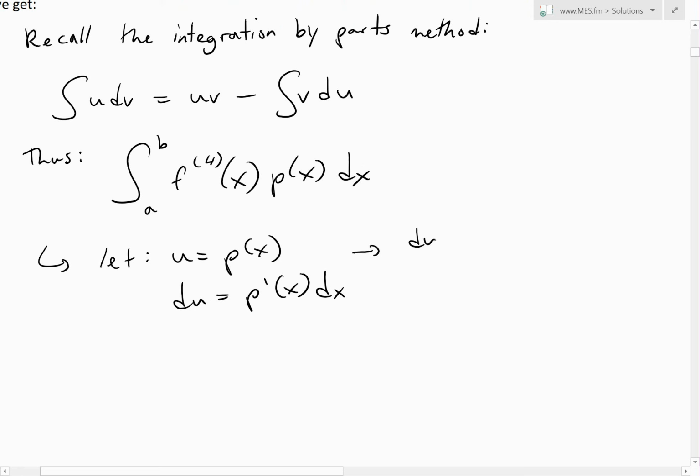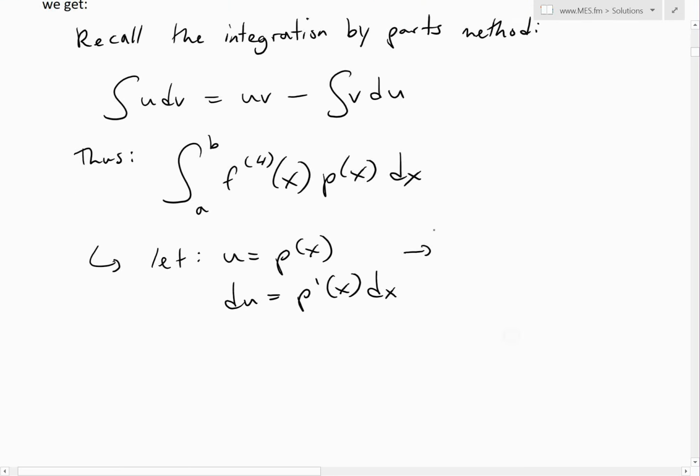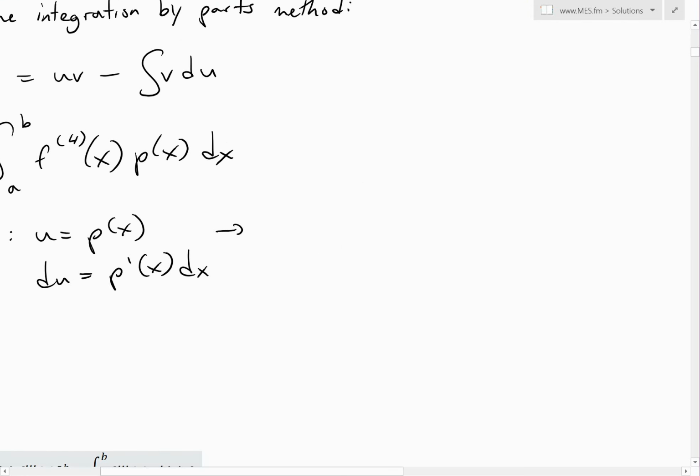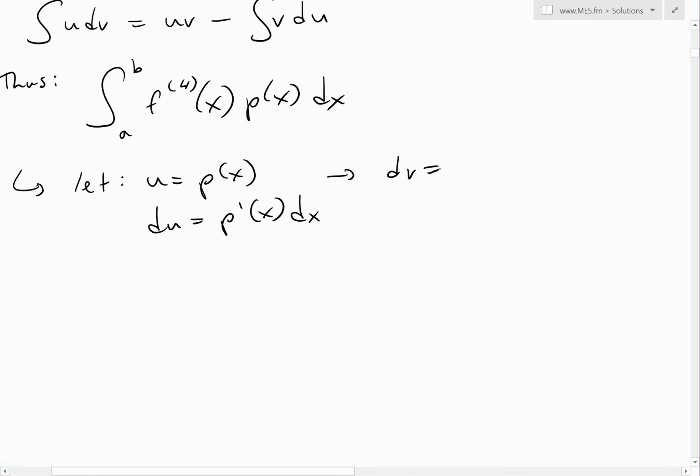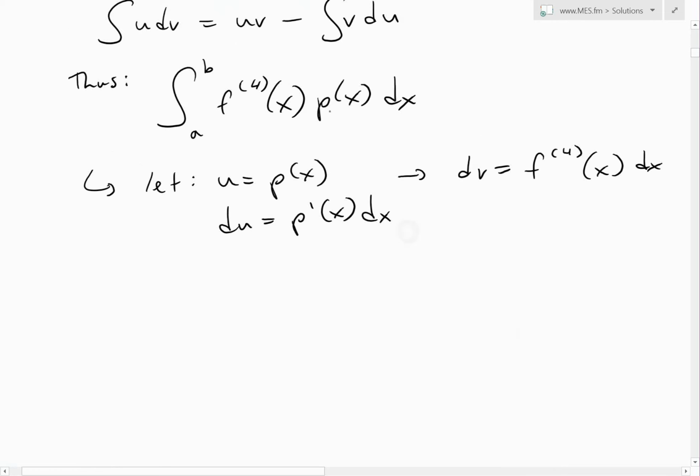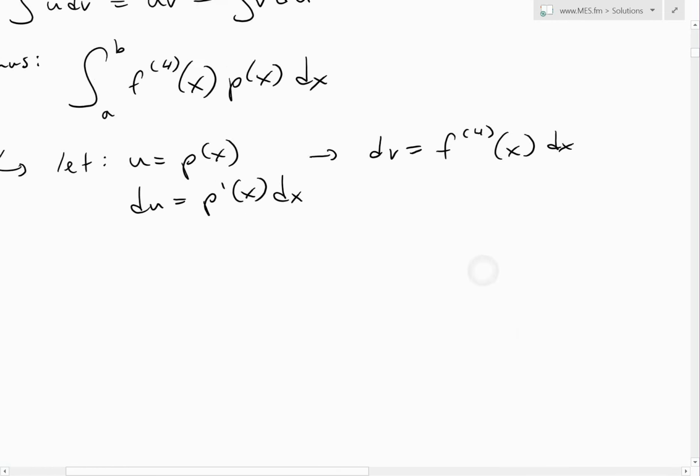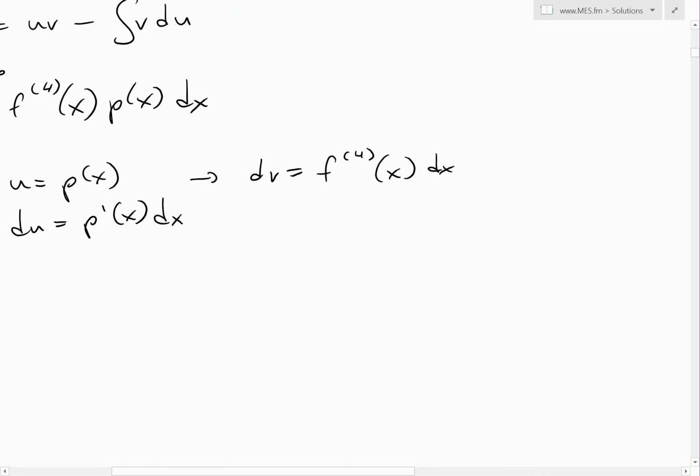So in this case, dv we're going to define as the 4th derivative of f of x and then dx. That's including this part right here, so that when you take the integral right here, this becomes f of 3 of x.